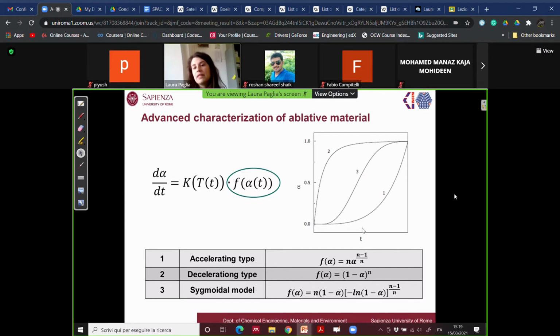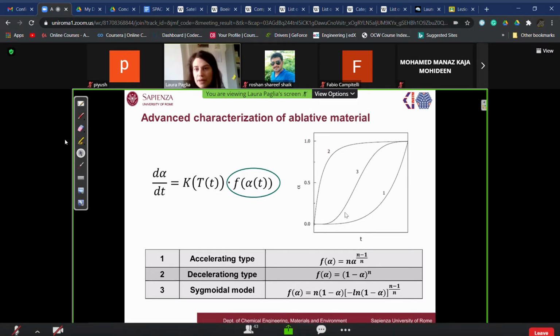What does it mean? That the reaction begins at a low velocity, and then the velocity becomes higher at the end. Then we have a decelerating type of reaction. This is number 2, in which we have a high velocity of the reaction and then the velocity lowers, or a sigmoidal model, which is number 3.